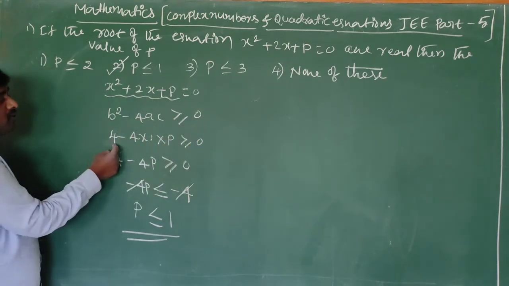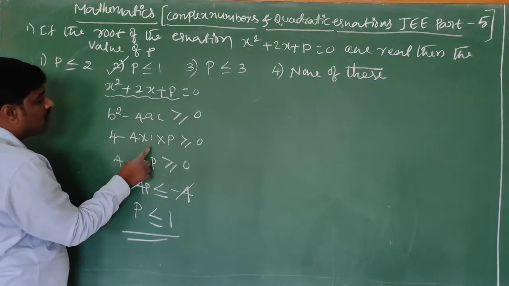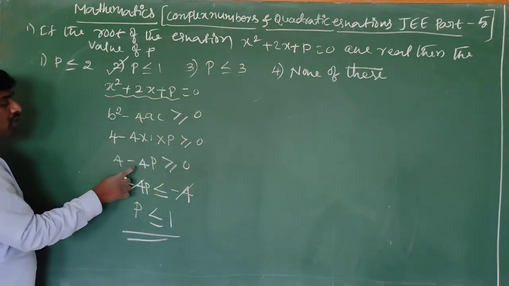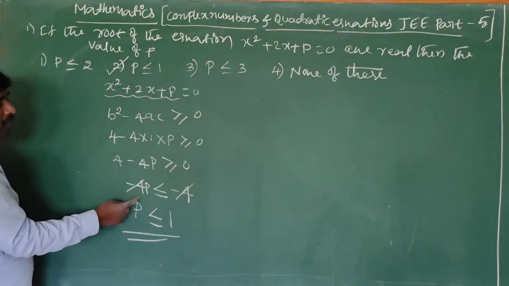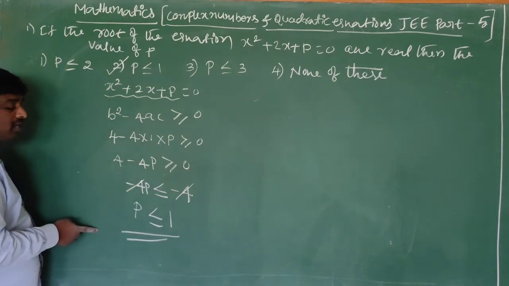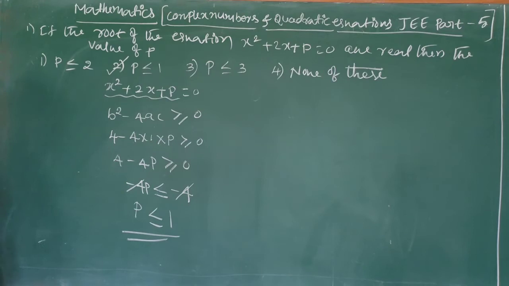Substitute b, a and c values: 4 minus 4 into 1 into p greater than or equal to 0. 4 minus 4p greater than or equal to 0. Minus 4p less than or equal to minus 4. Minus 4 cancels, p less than or equal to 1, that is the second option.